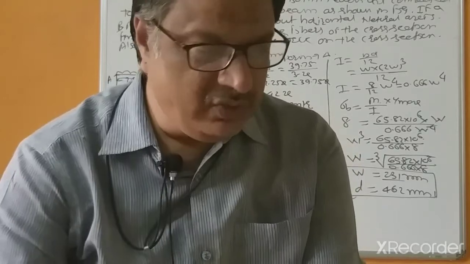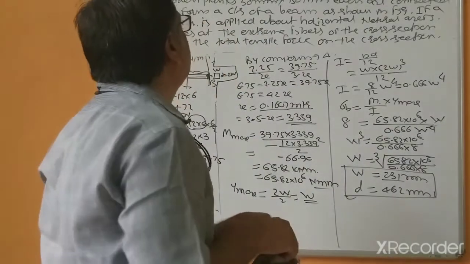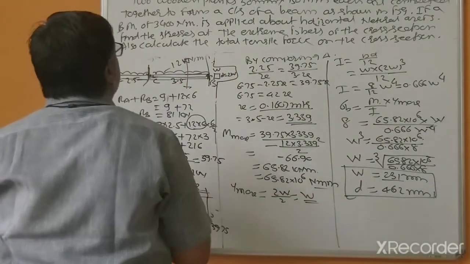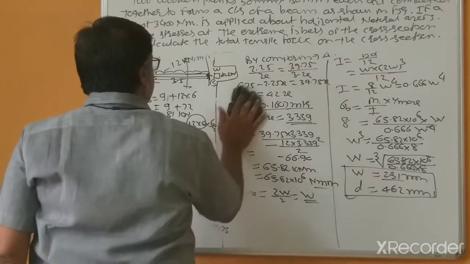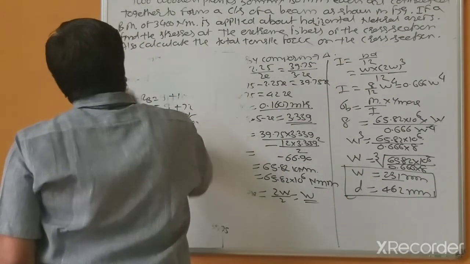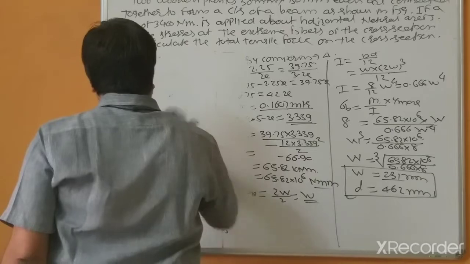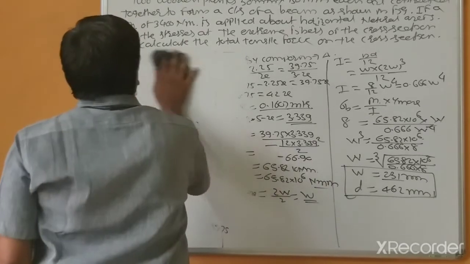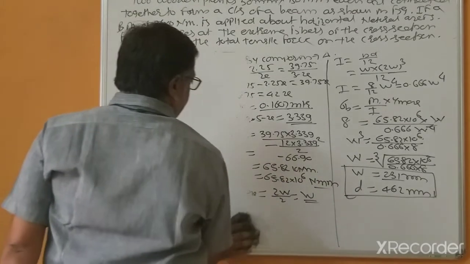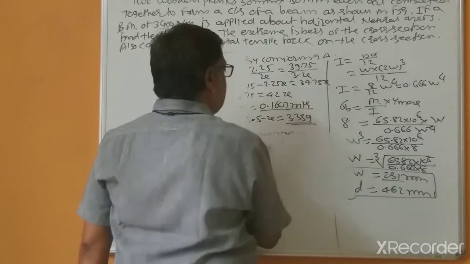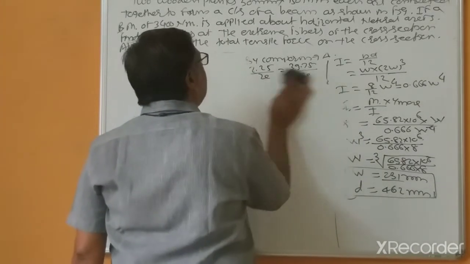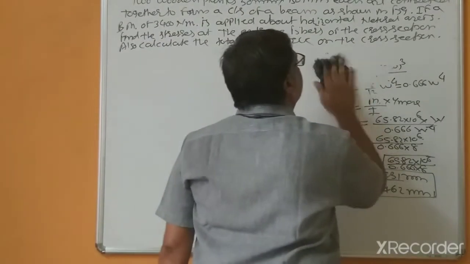We'll see how we can calculate the tensile force on the total cross section. So in this problem, out of 3 parameters, one parameter is already given, so M equal to 340 Newton meter. So there is no need to calculate the maximum bending moment.